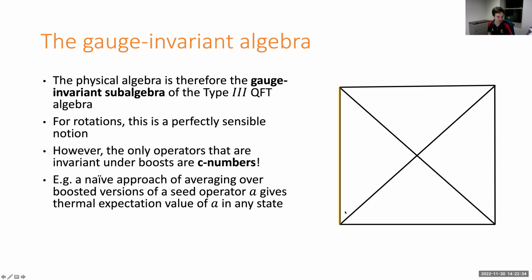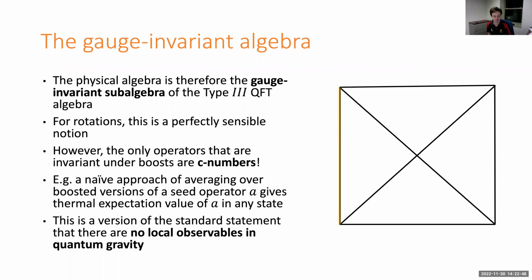As a result, the operator will always just be equal to its own thermal expectation value. This non-trivial operator we tried to make is actually just a C number, a multiple of the identity. At some level, this is just a restricted version of the standard statement that in quantum gravity there are no local observables, that everything needs to be addressed to some sort of asymptotic boundary.